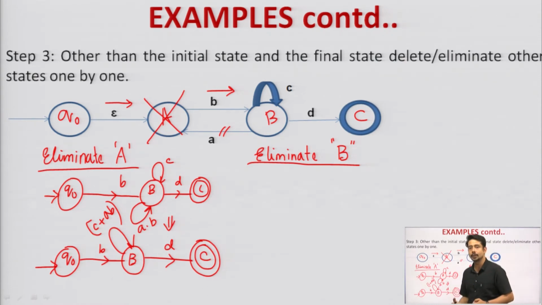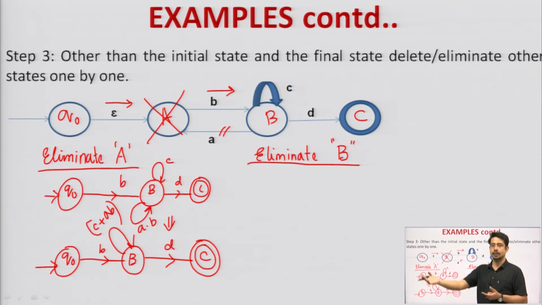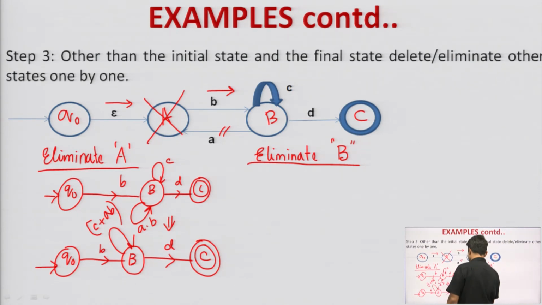Why have I given plus, or union? Because whenever we have transitions coming out from the same state and going to another state or the same state, both transitions should be put together by the union operator. That is why I have done this. Now, in this step I have to eliminate state B. If I eliminate this state, the expression will be very easy.